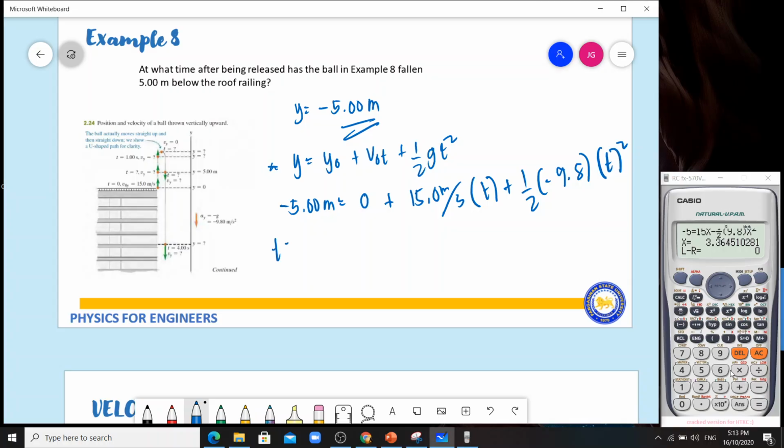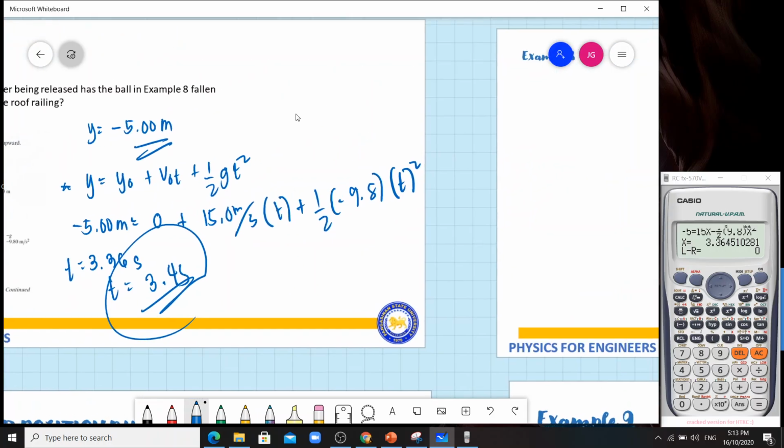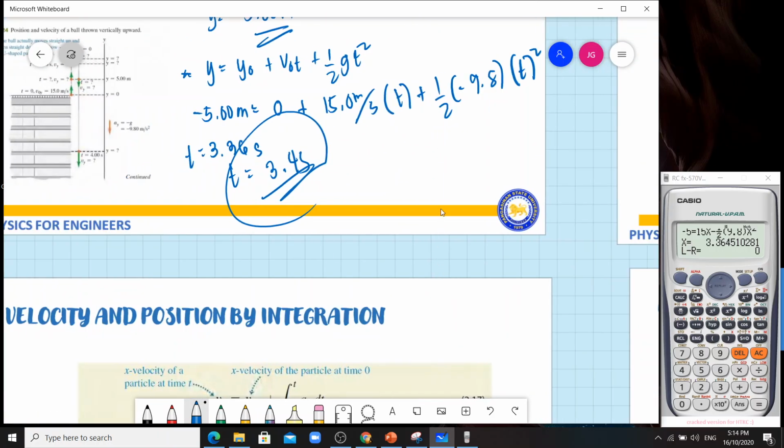So, time niya is 3.36 seconds. So, check natin. Upon checking, dapat 1 decimal place lang to. So, dapat ang sagot natin dyan ay 3.4 seconds. Okay? So, yan ay example number 8. Okay na tayo dyan. Next lecture is the velocity and position by integration.